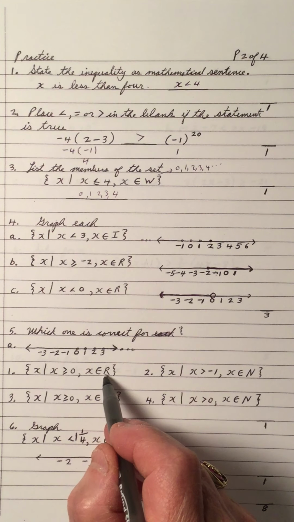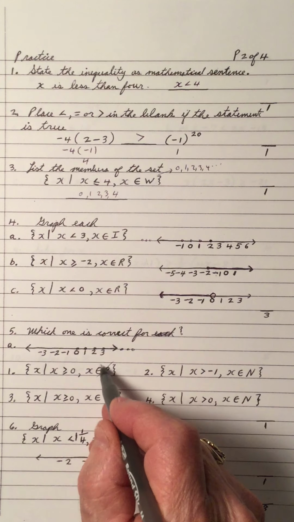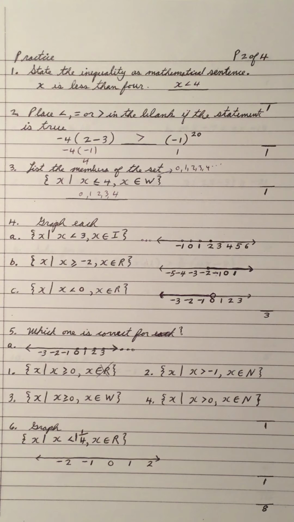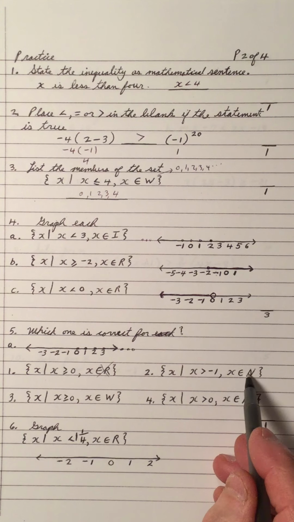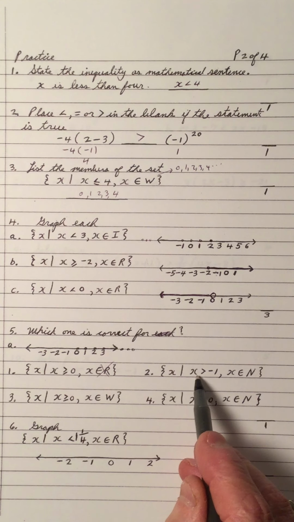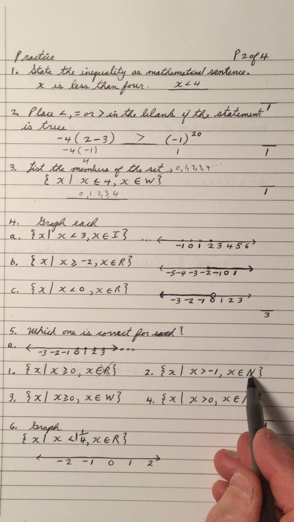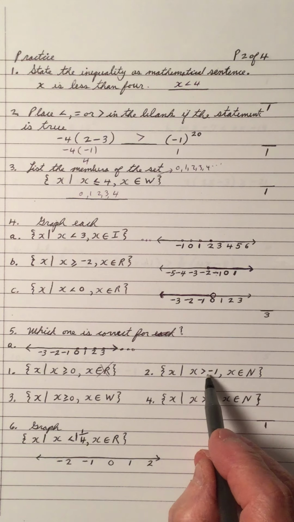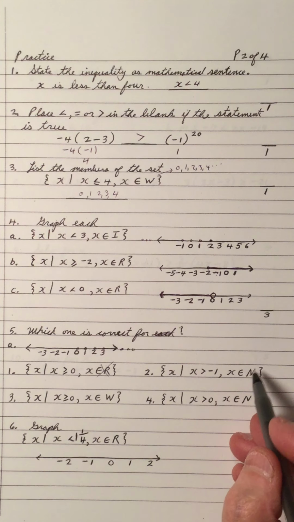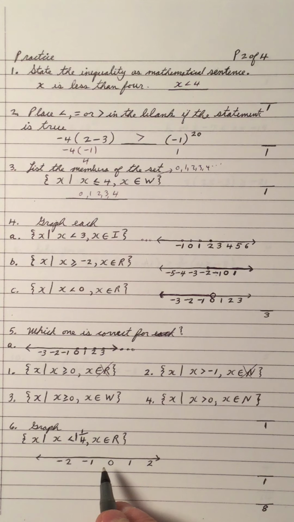Real numbers means shading, so it's not real numbers, because real numbers would have shading. Natural numbers, set of all x such that x is greater than -1, where x belongs to the naturals. That's wrong, because greater than -1 would include the 0, and 0 is not a natural number, so that's not right.